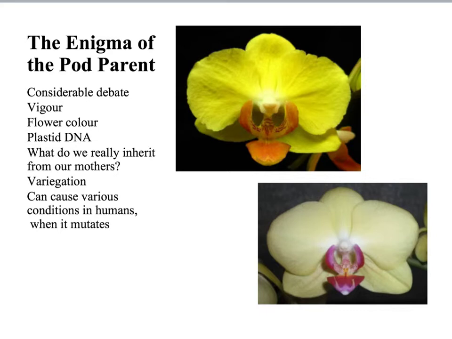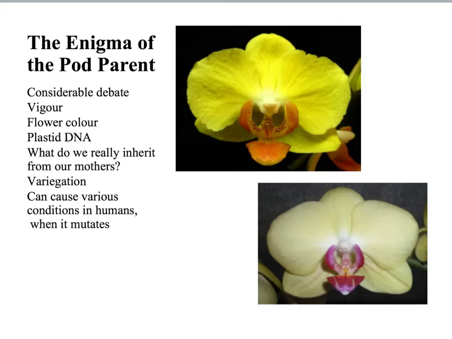So what is it? When we're dealing with vigour, we need to look at what other things are inherited from the pod parent that would potentially contribute to energy levels and vigour within the offspring.